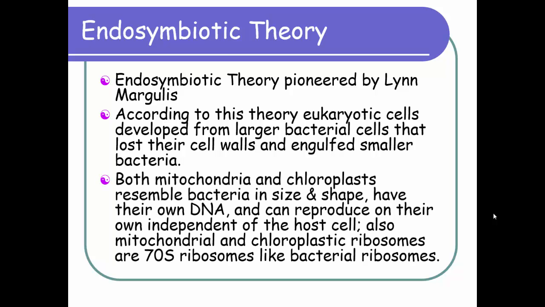Both mitochondria and chloroplasts resemble bacteria in size and shape, have their own DNA, can reproduce independently of their host cell, and contain 70S ribosomes that are exactly the same as bacterial ribosomes.